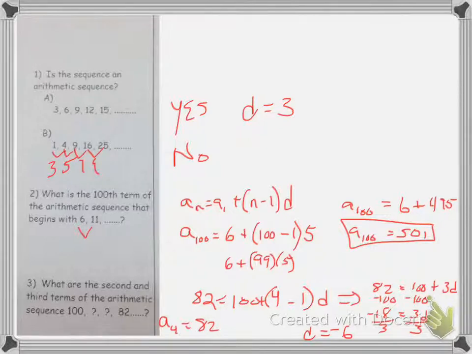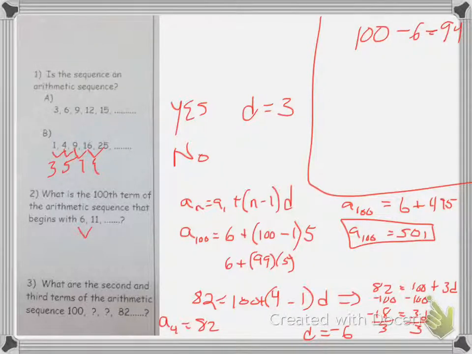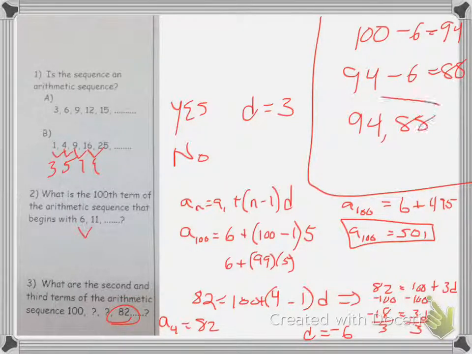Well, when your common difference is negative, that means you're going to be subtracting a number every time, not adding it. So I'm going to go up here to finish. I have 100 minus 6 is going to be 94. And then 94 minus another 6 is going to be 88. And if you subtract 6 again, that comes back to that 82. So my two missing terms are 94 and 88.